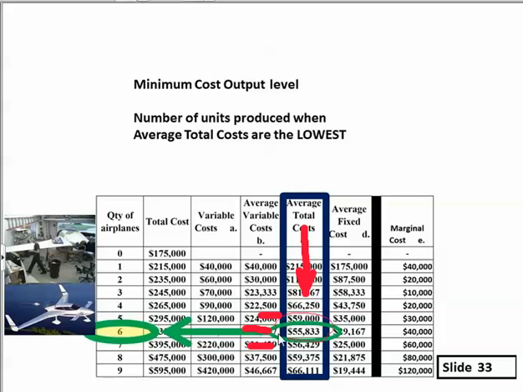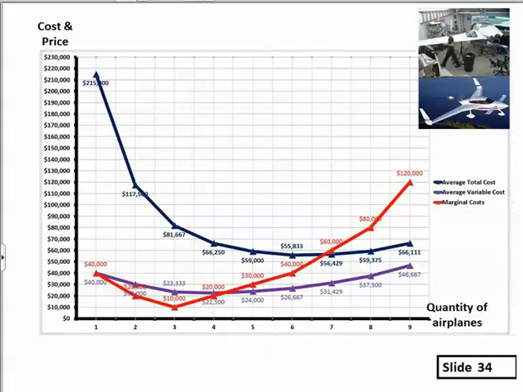So this becomes our smallest amount, our lowest average total cost. And we see that occurs when we're producing 6 units. So if we look at it on the curve, let's see if I have it. See if my next slide has it.